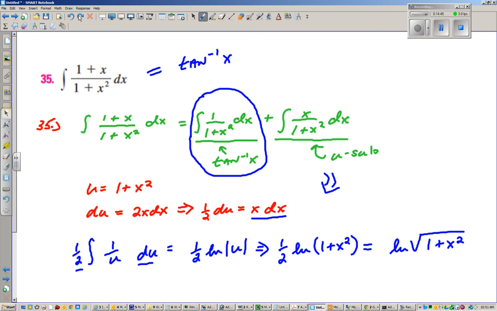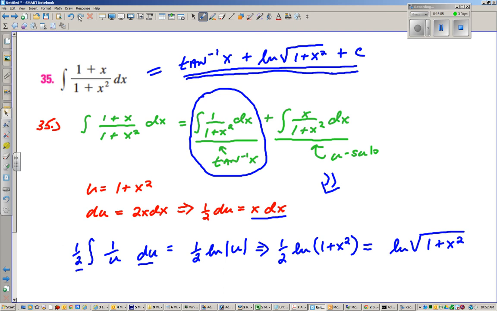So I should have eliminated that 1/2 out front. So I've done that now. So now let's write that next term, that evaluation of what I worked on in the blue, and that's the natural log of the square root of 1 plus x squared plus my c, and I'm done.